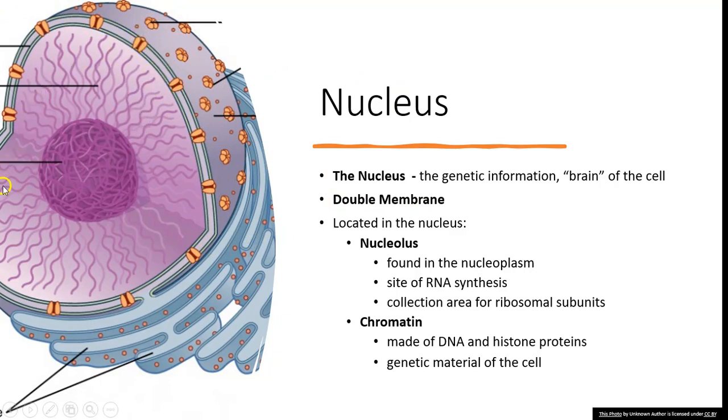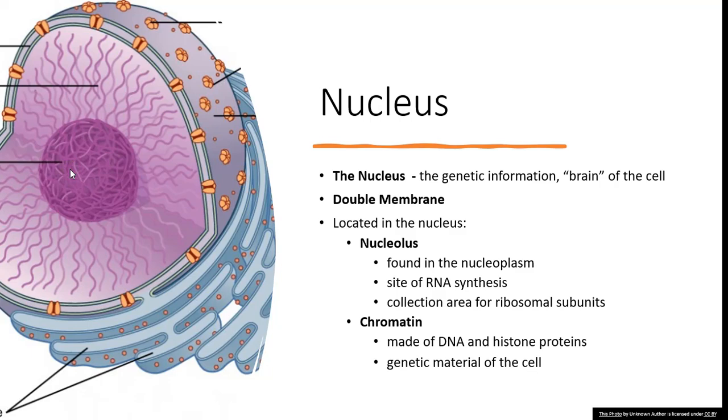And then within that nucleus, you see this very prominent dark purple structure here. That is known as the nucleolus. And the nucleolus has the ability to synthesize RNA, okay? So that is where you're going to encode for the ribosomal RNA. Then you're also going to find chromatin, okay?